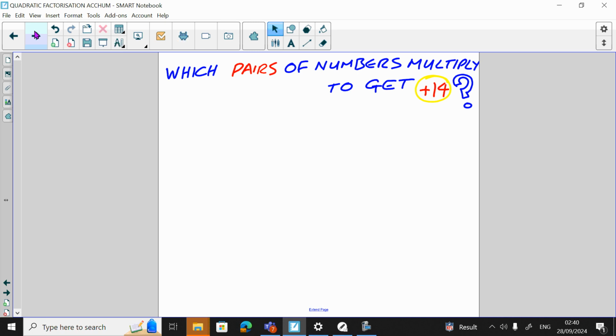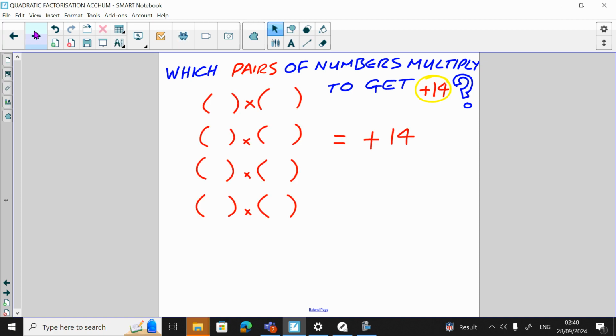Right, so I'm just picking a number here, positive 14. There's an infinite number of pairs of numbers that will give us positive 14, so we're just going to stick with nice numbers here. I'm going to go for 4 selections here and see if you agree.